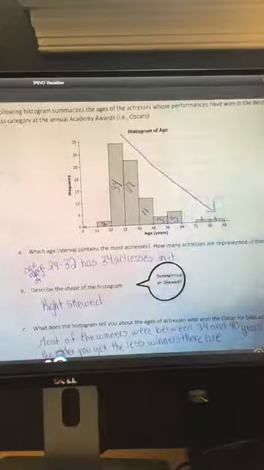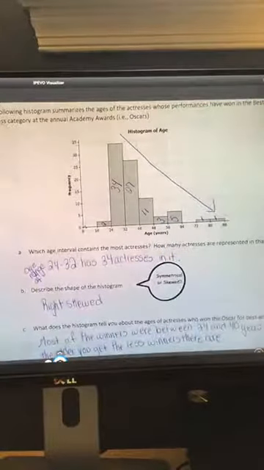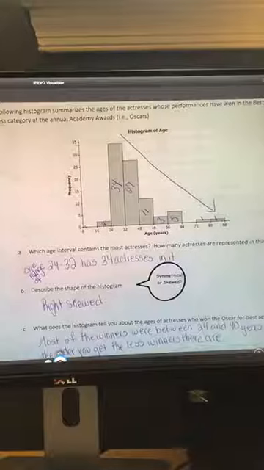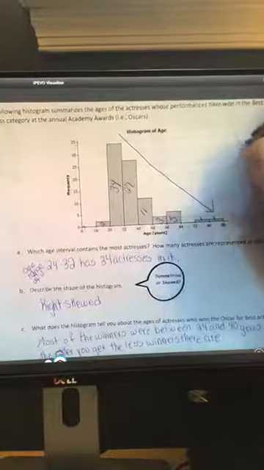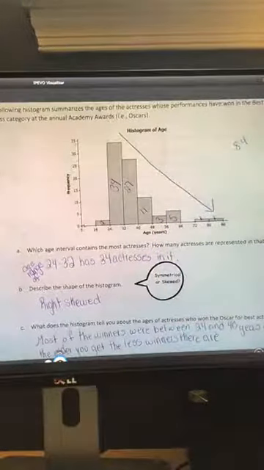And 80 to 88 has 1. Now that I know how many are in each band, I have to add them all together. So I do 2 plus 34 plus 27 plus 11 plus 3 plus 5 plus 1 plus 1 means there are 84.